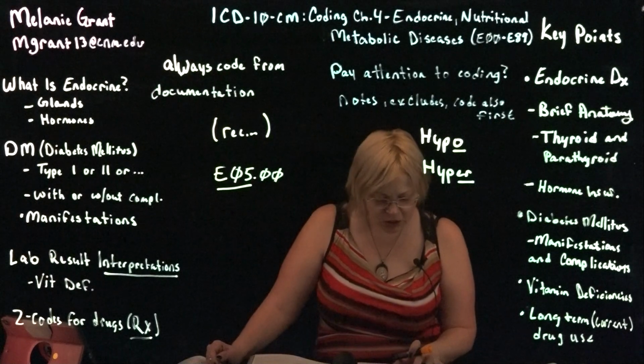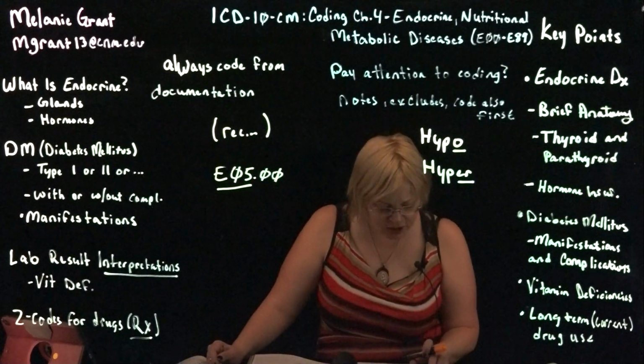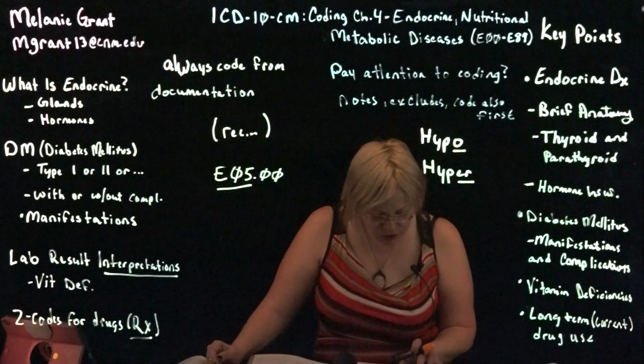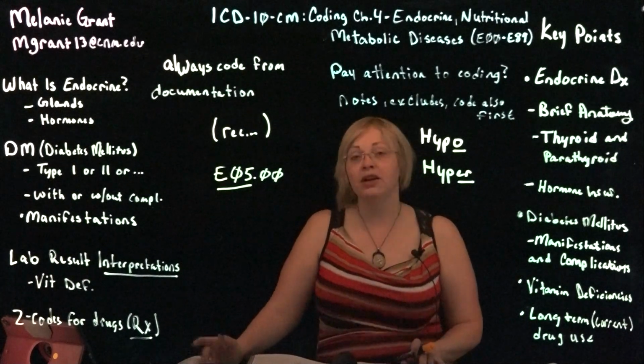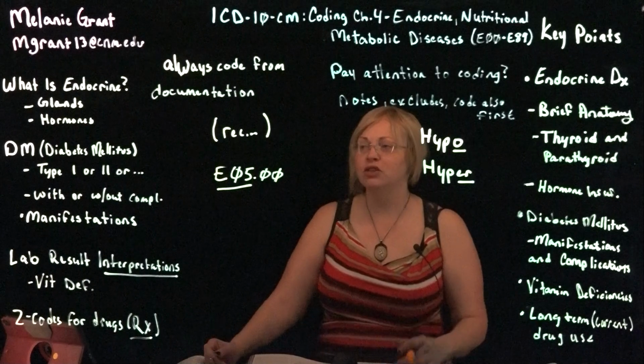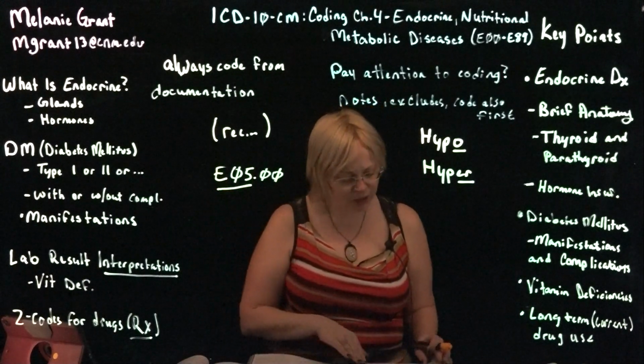And it has an exclusion. It says excludes 1 for chronic thyroiditis with transient thyrotoxicosis, and it has an exclusion for neonatal thyrotoxicosis. I verify my documentation. It's neither of those. I move on. So this is why it's important to always look at that category.